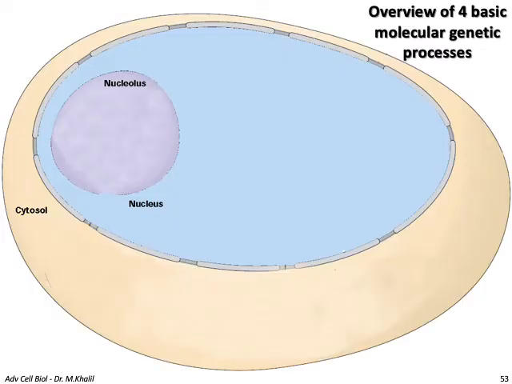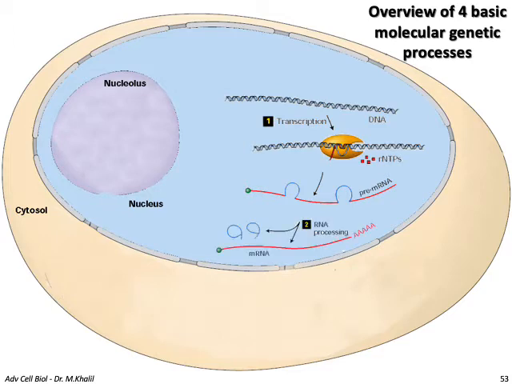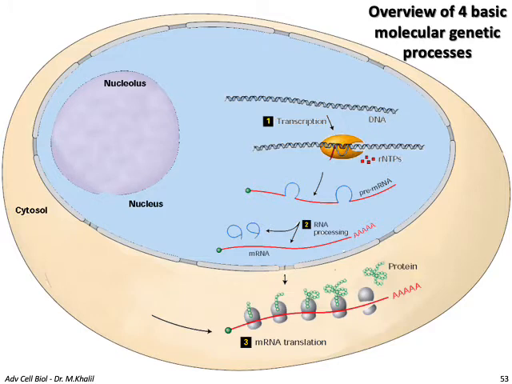If we go over the four main basic molecular genetic processes that happen inside the cell, you will see that the first one is transcription, which generates messenger RNA. This messenger RNA has to be spliced, in RNA processing, to generate a mature mRNA that migrates to the cytoplasm to be translated.